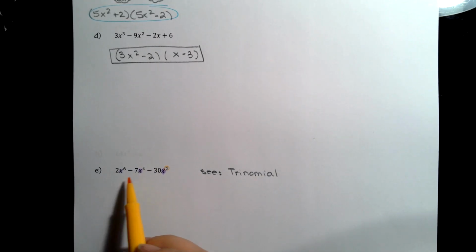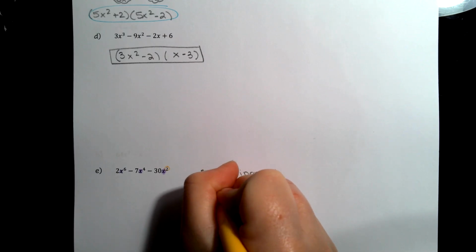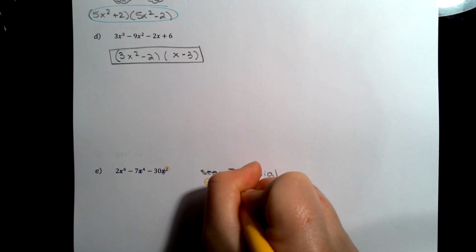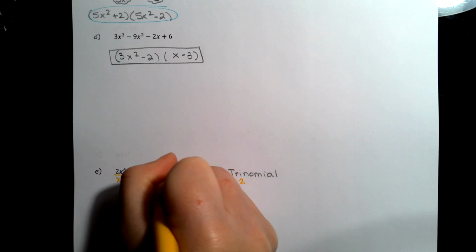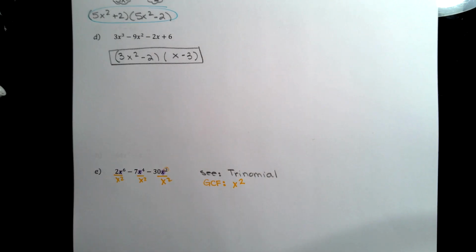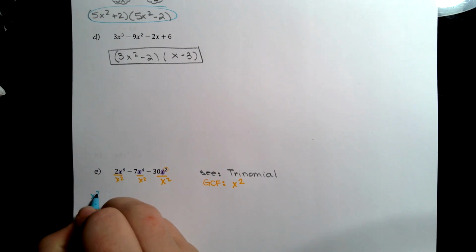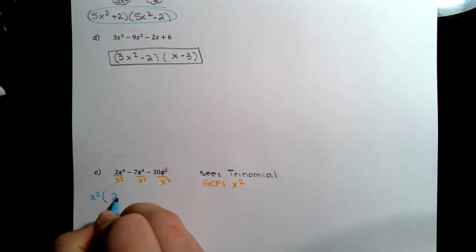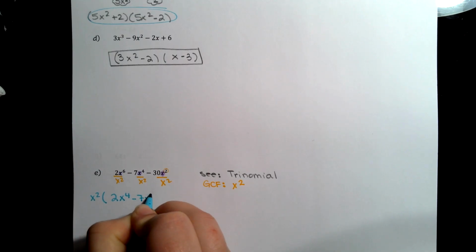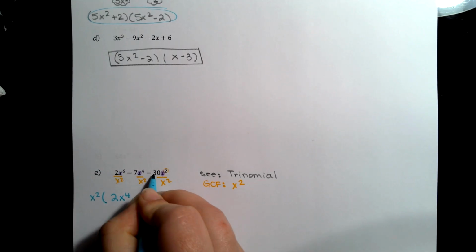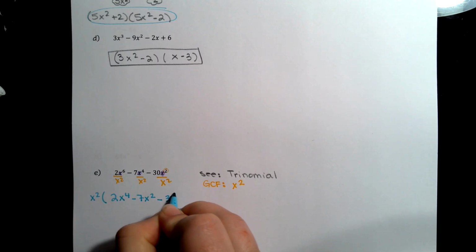But I see a 2 and a 7, so that means I do not have a numerical GCF. So I'm going to divide everything by x squared. Leftovers here, we have x squared as a GCF. 2 subtract x to the fourth minus 7x squared. And we have 30 here.